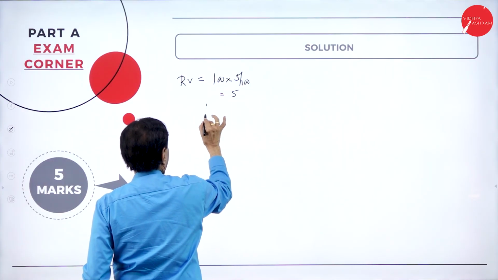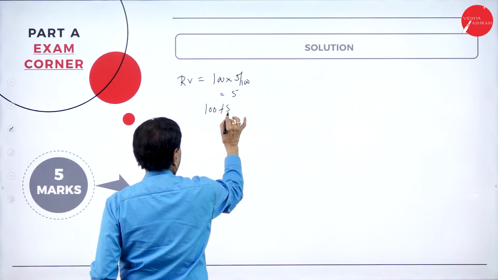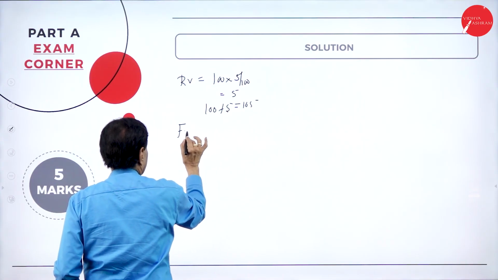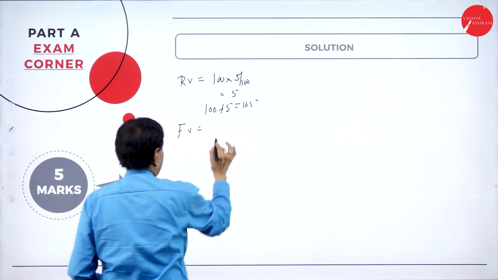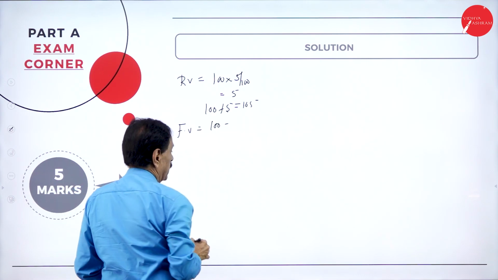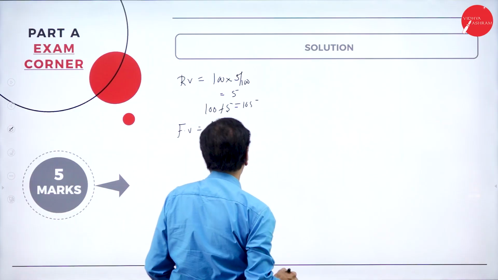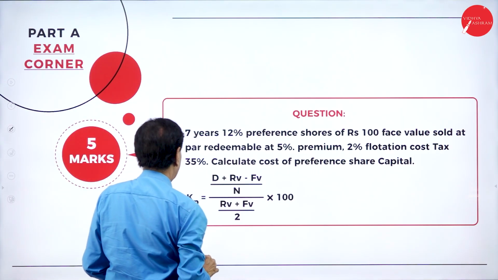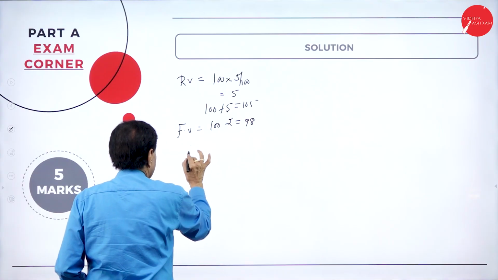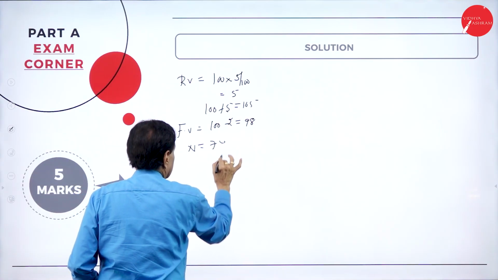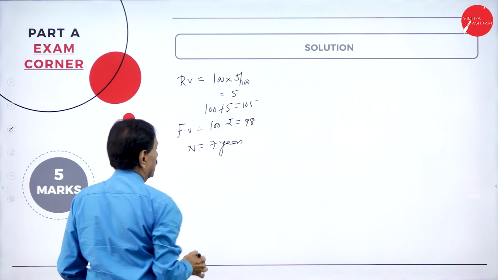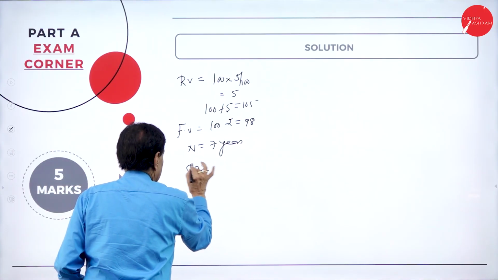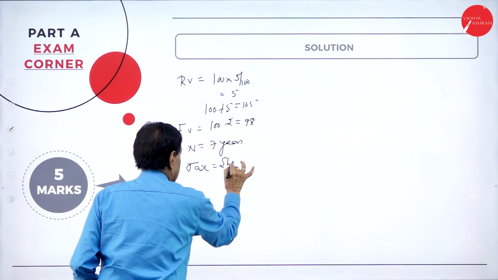So redeemable value is 100 plus 5, 105. Face value is equal to 100 minus flotation, 2% means 2 rupees, it becomes 98. So N is equal to how many years? 7 years. Tax should not be considered.